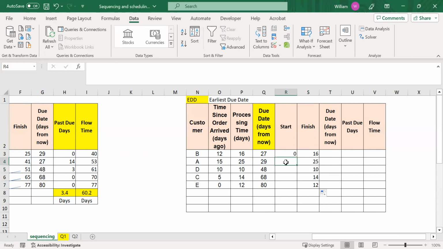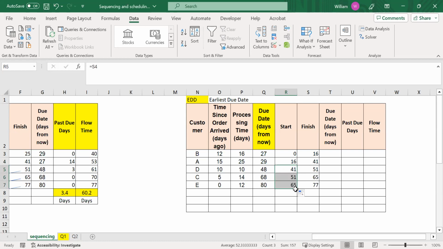Okay, now the end time for customer B becomes the start time for customer A. So customer A's start time here will be 16. Customer D's start time is going to be the finish time for customer A. Okay, so as soon as one job ends, you start the next job.